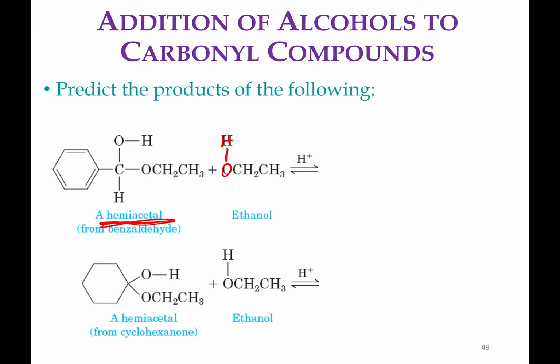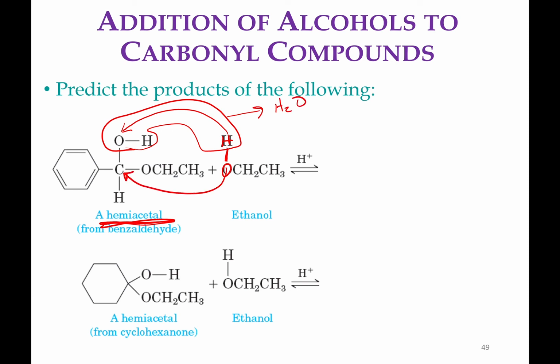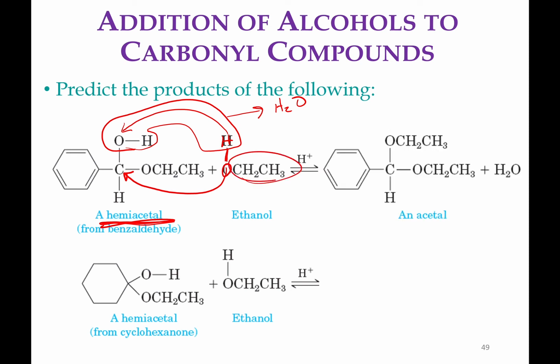So what we're going to do is we're just going to add, this one goes here, and we go off and form water. We leave this opening, the oxygen comes in and adds to the carbon. Whatever else is here just gets added on the other side. So I do want you to be specific that this bond goes between the carbon and the oxygen. That's important. This is an acetal because it has the hydrogen there.